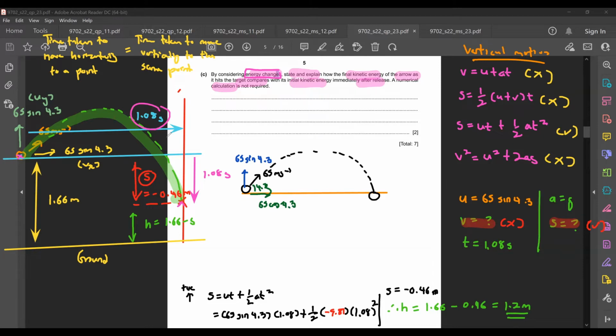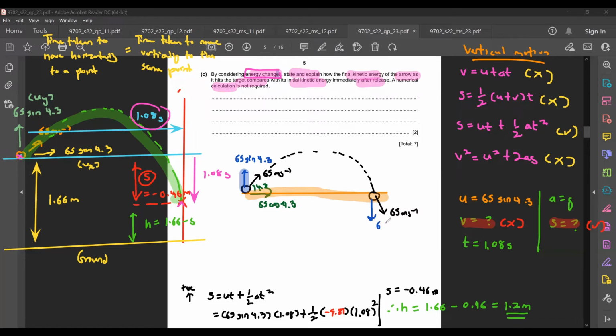Now, at this point, when your object reaches back the original starting point, your velocity vectors are the same in magnitude, just that the direction is different. The resultant velocity will be 65 meters per second, tangent to the curve. And your vertical velocity, 65 sin 4.3, will also be the same magnitude here, just opposite in direction.